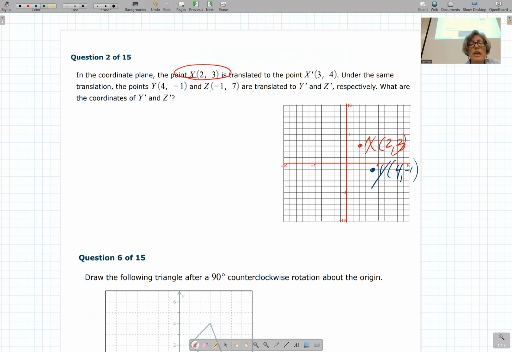And you have Z at -1, 7. So it is a very squishy triangle here.